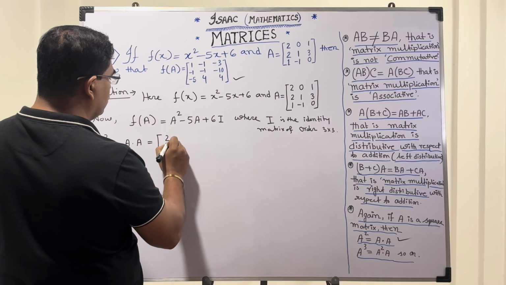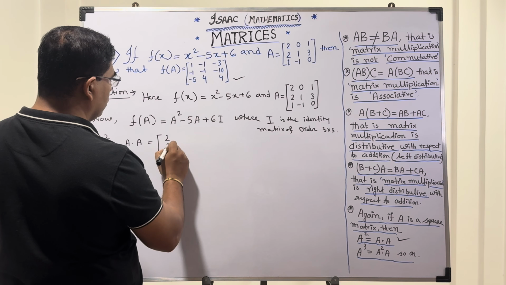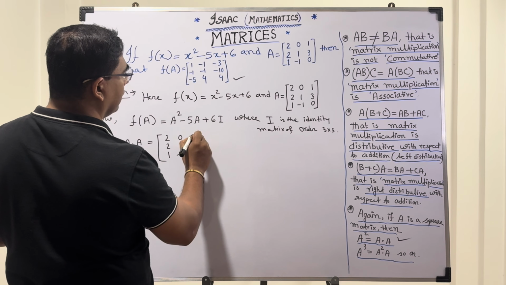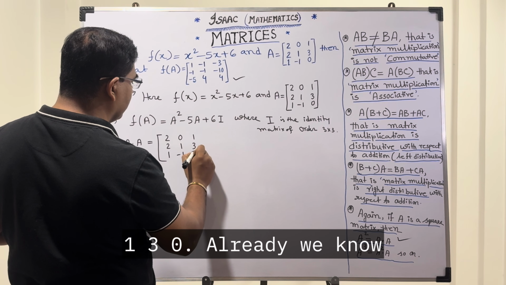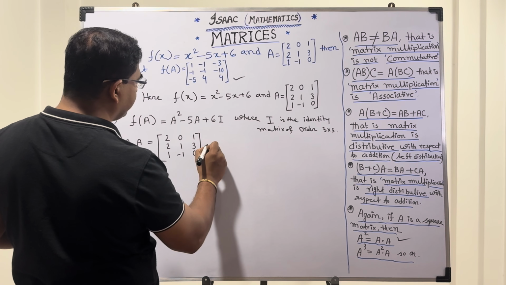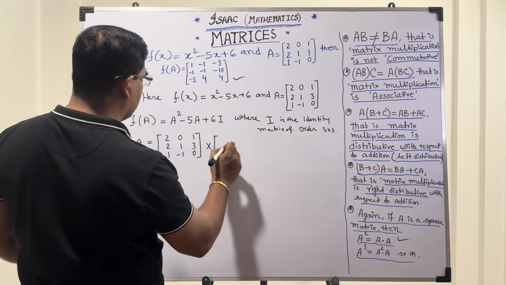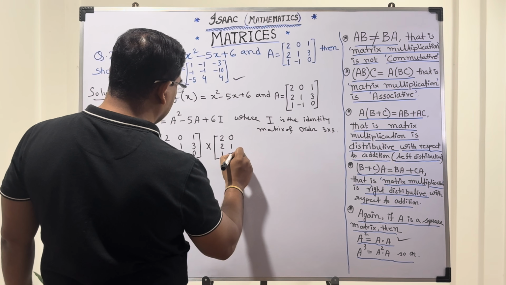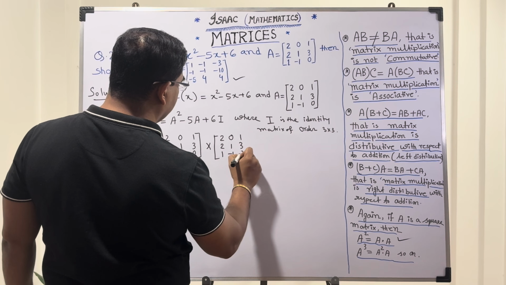2, 2, 1, 0, 1, minus 1, 1, 3, 0 into 2, 2, 1, 0, 1, minus 1, 1, 3, 0.